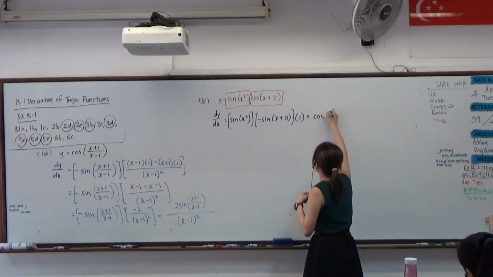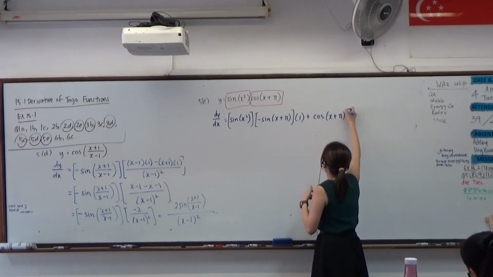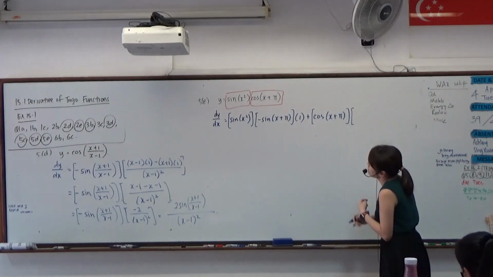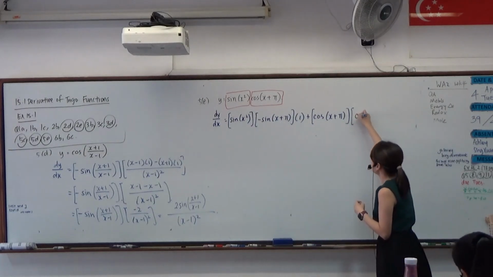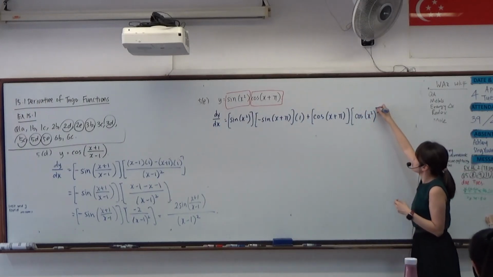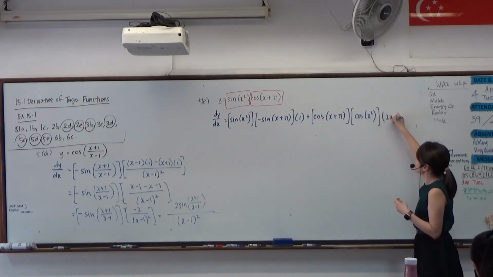followed by keeping the right, differentiate the left. Differentiating sine will give me cosine, angle maintains. Then we differentiate our x squared, we will get 2x.